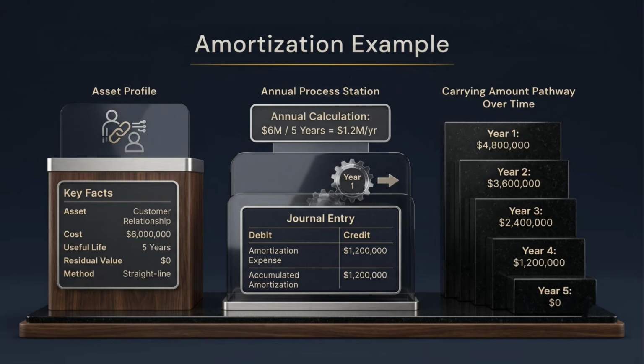The yearly entry is debit amortization expense $1.2 million and credit accumulated amortization, customer relationship, $1.2 million. After year 1, the carrying amount is $4.8 million, then $3.6 million, $2.4 million, $1.2 million, and finally 0 after year 5.